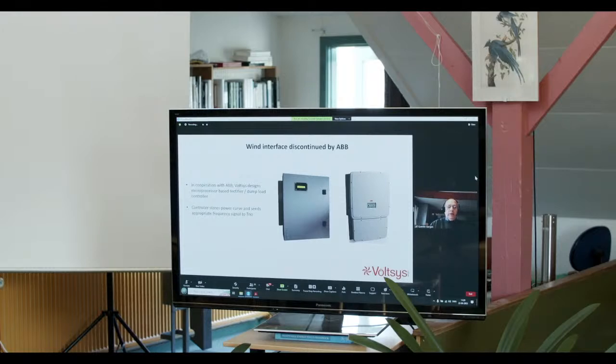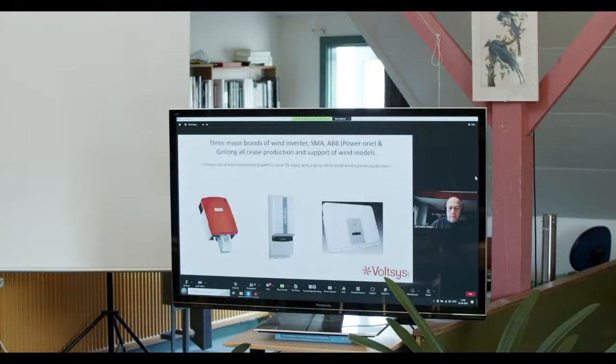But suddenly, about 6 years ago, SMA, ABB, and Jinlong all stopped making wind versions of their inverters. And the market was in some difficulty to find an alternative that was reliable.